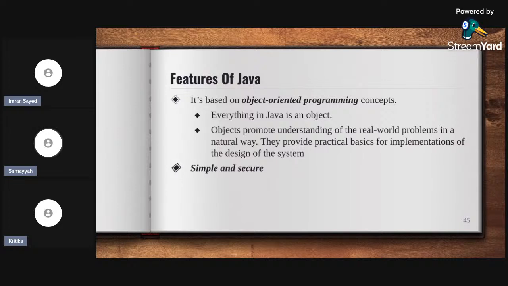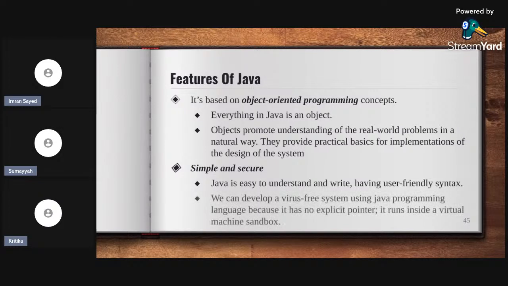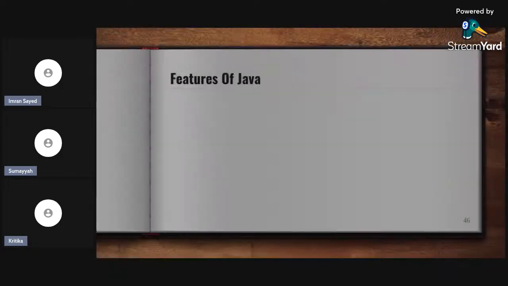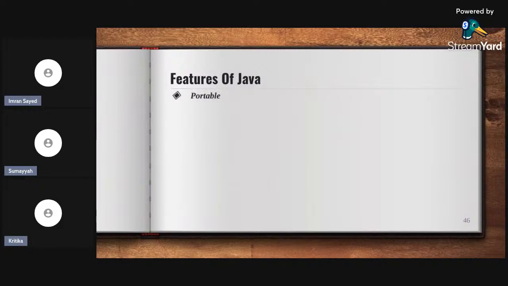Simple and secure. Java is easy to understand and write, having user-friendly syntax. We can develop a virus-free system using Java programming language because it has no explicit pointer. It runs inside a virtual machine sandbox. Portable.